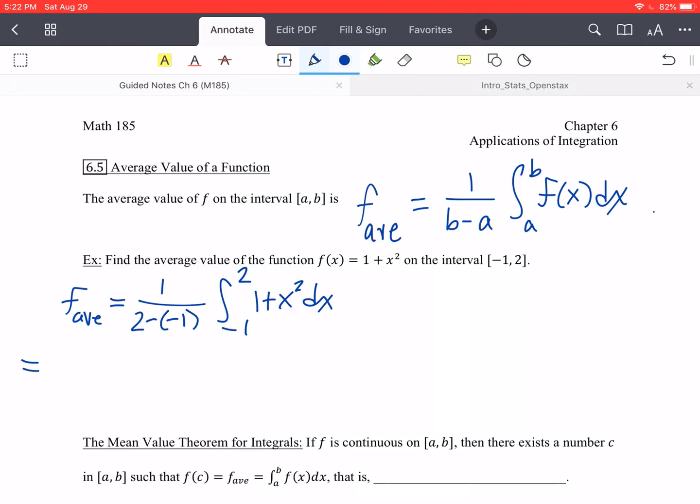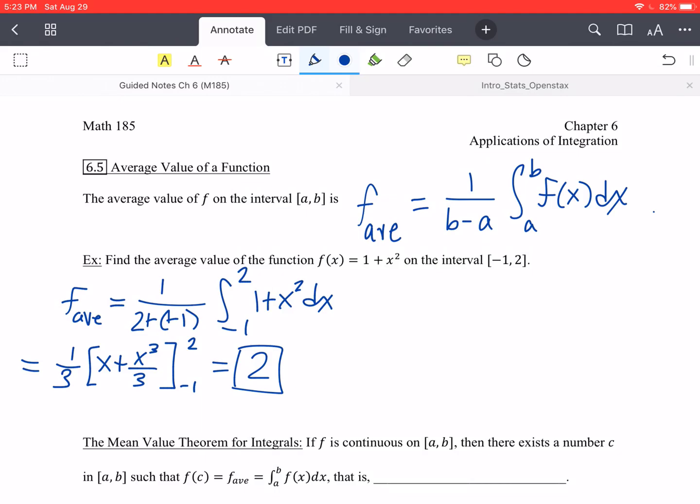That becomes 1 over 3 times x plus x cubed over 3 from -1 to 2. Then evaluate that using the FTC, and we get just 2, actually.